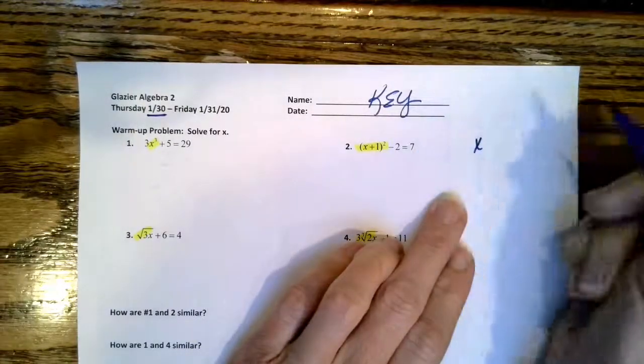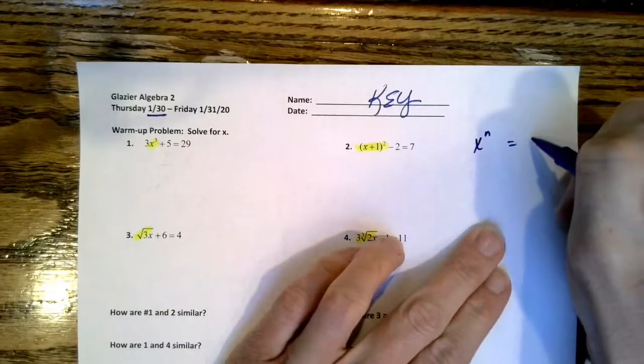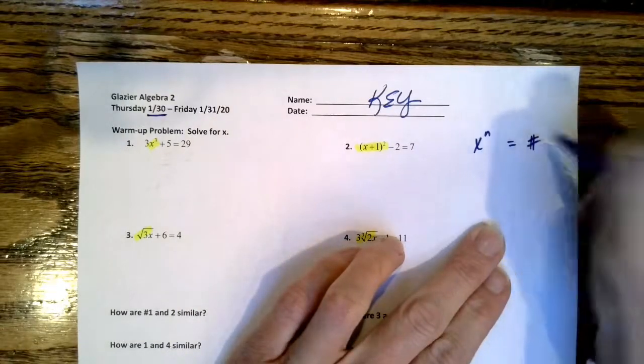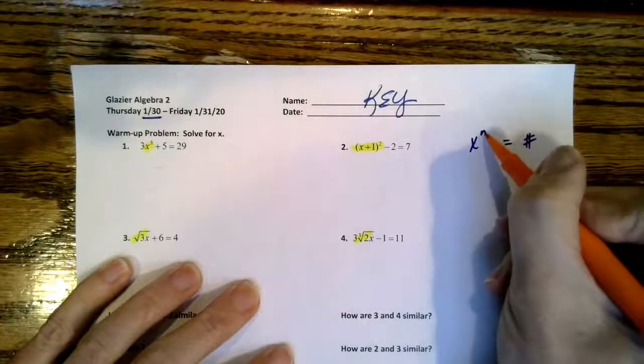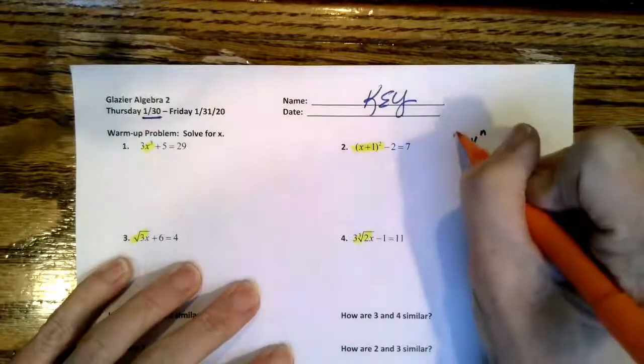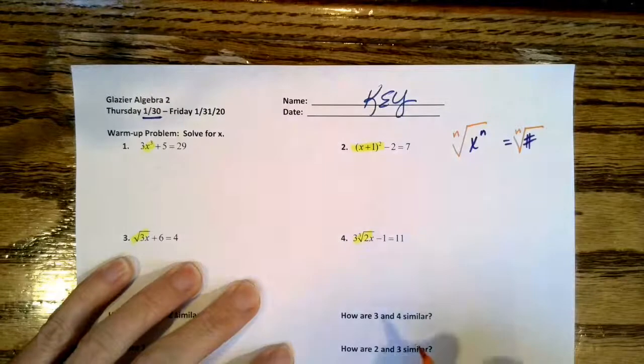If you have an x to the nth power, and that's equal to whatever number value you have, you are going to use the inverse to undo that exponent by taking whatever root is necessary.